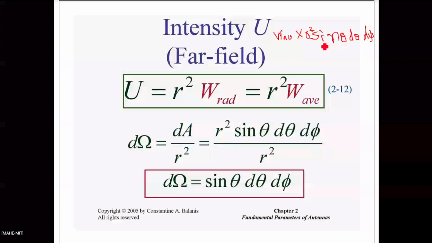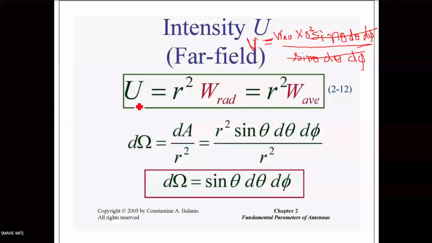Okay, so U is equal to power radiated in a given direction per unit solid angle. Power radiated in a given direction is W average into R square sin theta d phi, per unit solid angle. What is the solid angle? Sin theta d phi. So this cancels with this. So W average into R square, that is U. It is called radiation intensity.